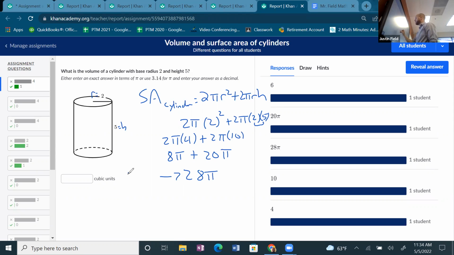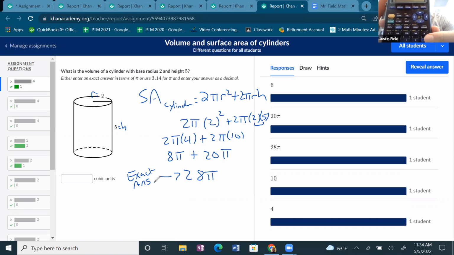This is called the exact answer. And don't be using that 3.14 anymore. You have a pi button above the little exponent. So you press second and then the exponent button, and you can use a pi button. See, 28 pi.